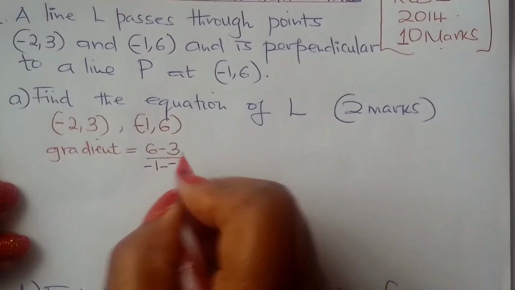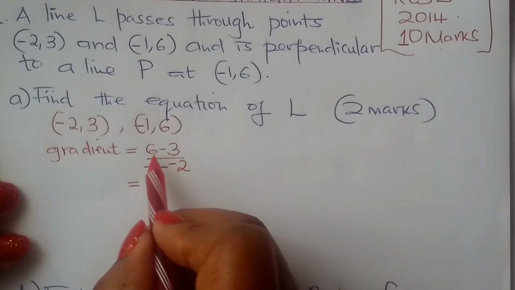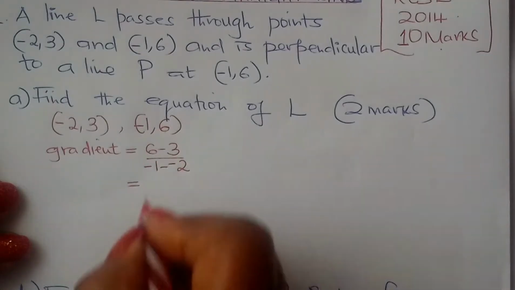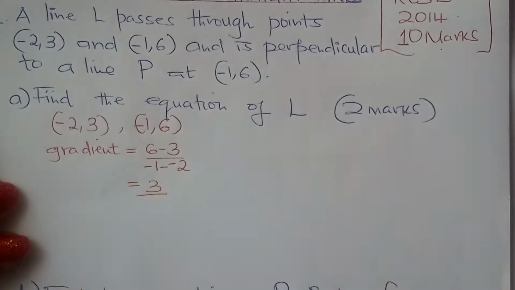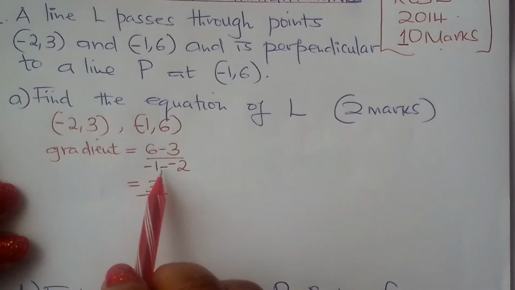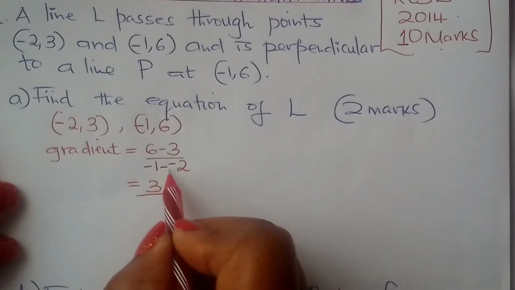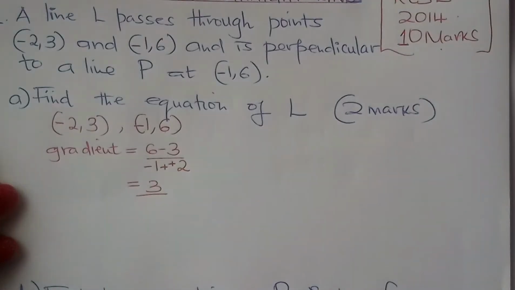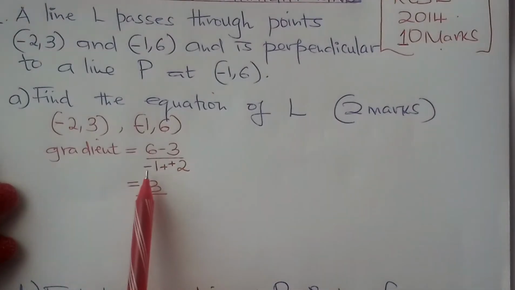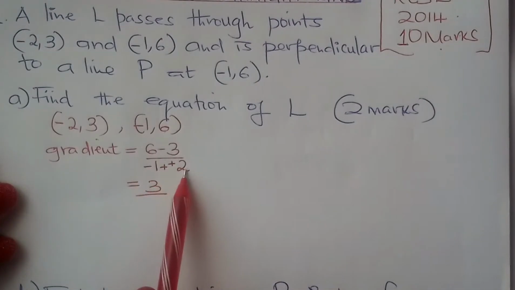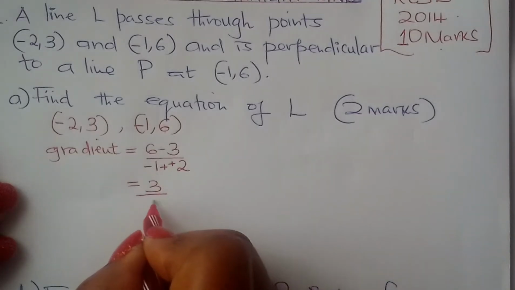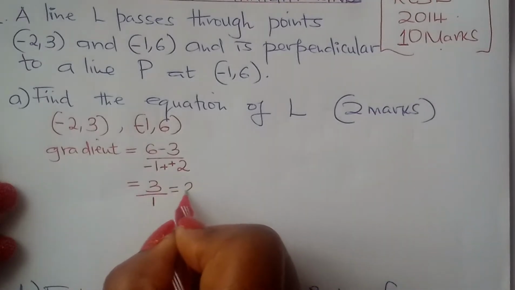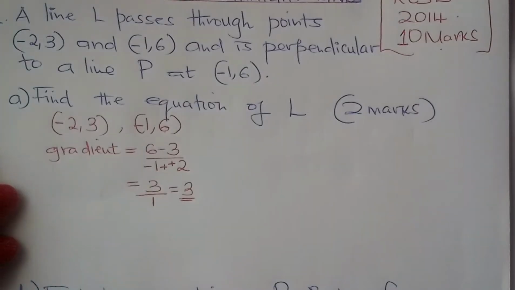Minus followed by minus becomes positive, and therefore it is -1 plus 2, which gives you 1. And so, learner, the gradient of this line is 3.